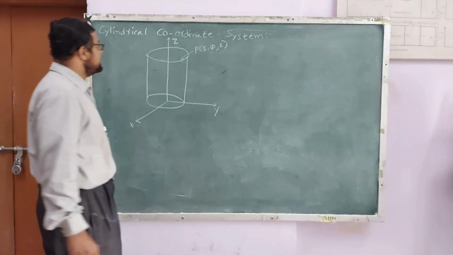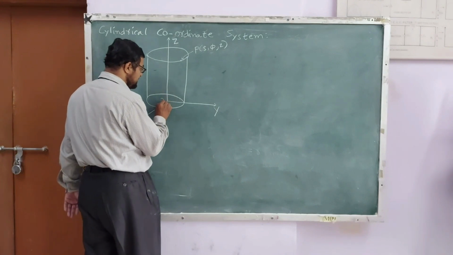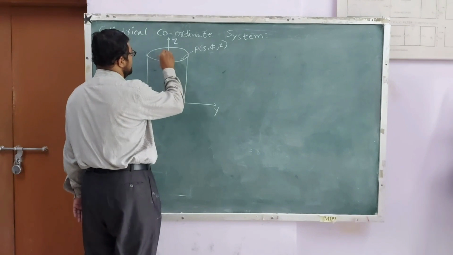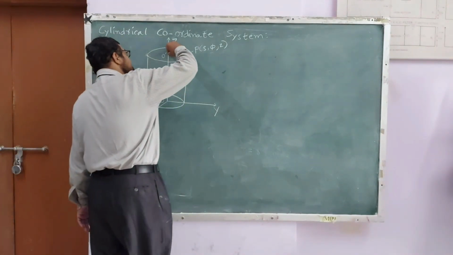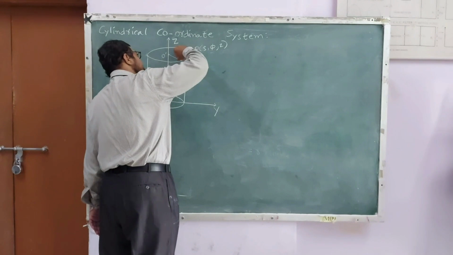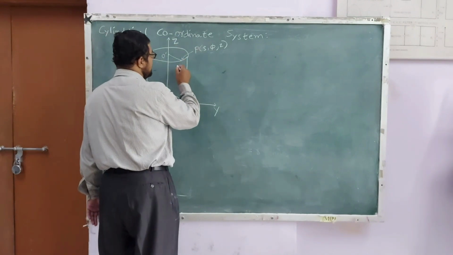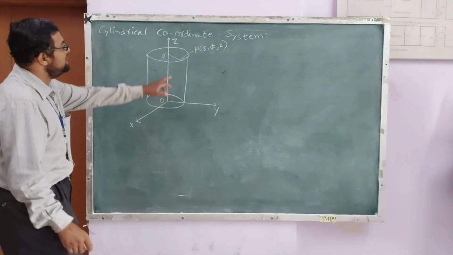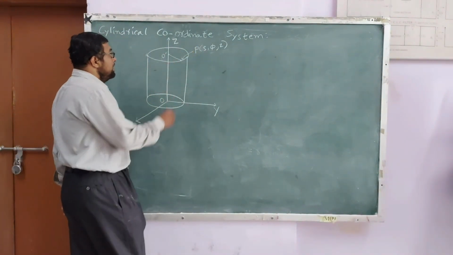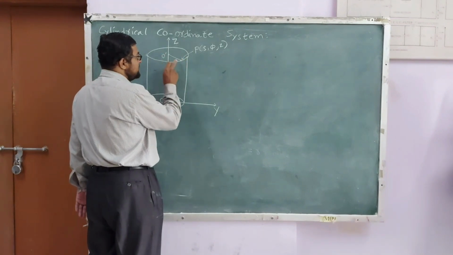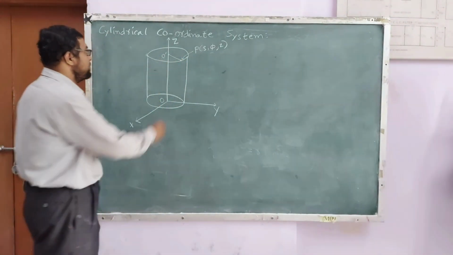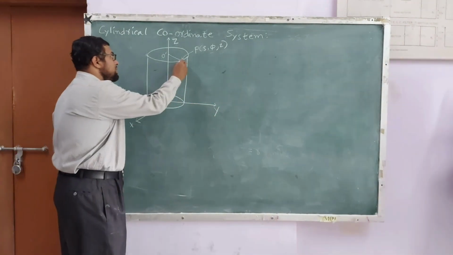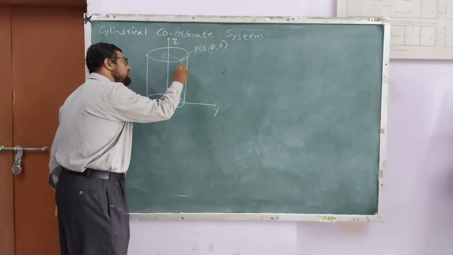So what are these coordinates? For that purpose, I will call this point O, and say O prime if you want. Then this is point capital P. Then this distance O prime P, and if I project the same point on the xy plane, I draw a perpendicular on the xy plane.